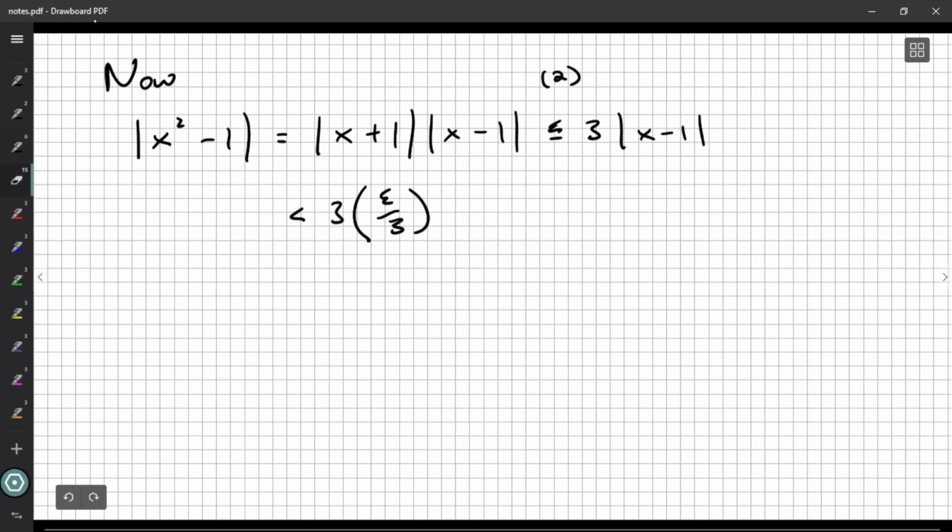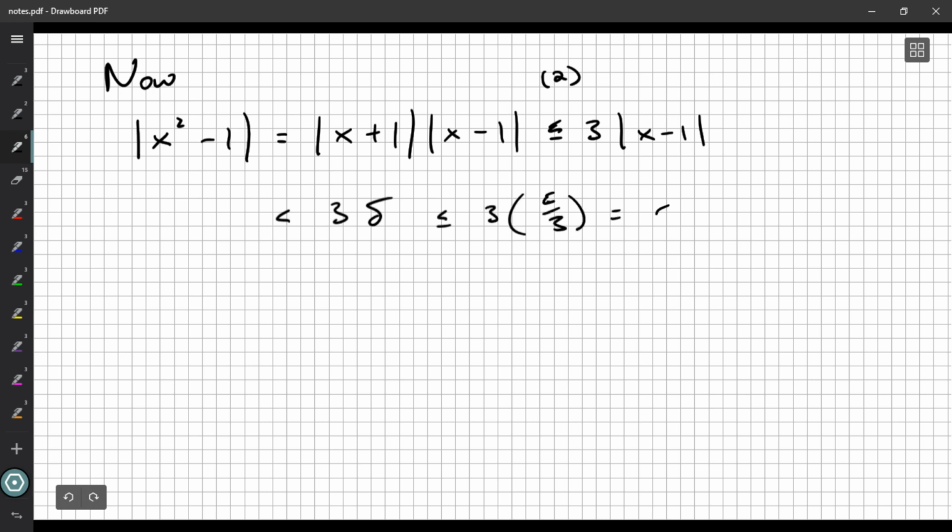Actually, this isn't statement 1, this is the definition of delta. I want my proof to be nice. So we'll say less than 3 times delta, which is less than or equal to 3 times epsilon over 3, which is equal to epsilon. There we go.